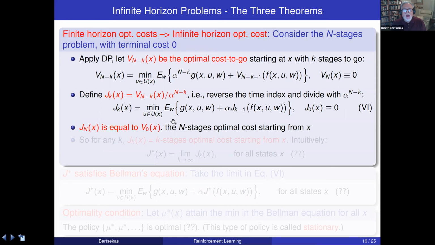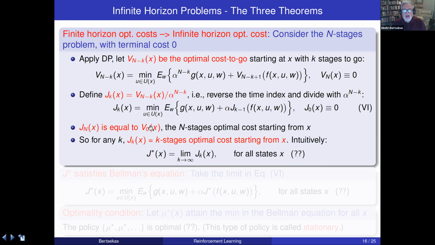And because of the way the J_k's have been constructed, after n iterations, we obtain J_n equals V_0 of x, the cost of the initial state for n stages.